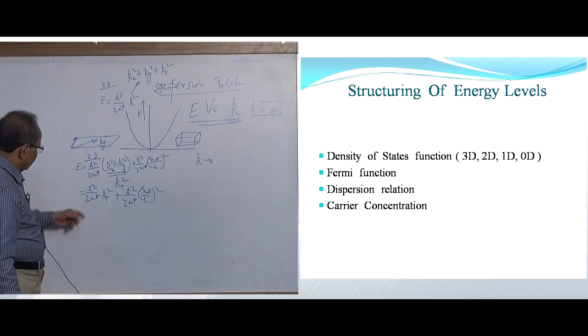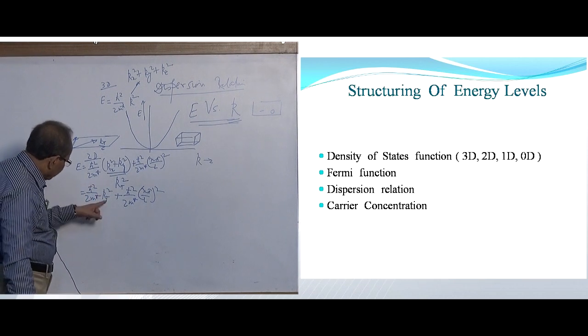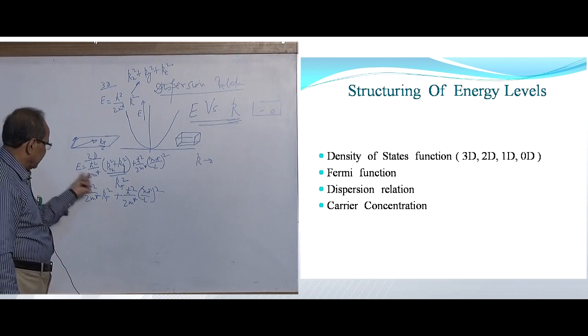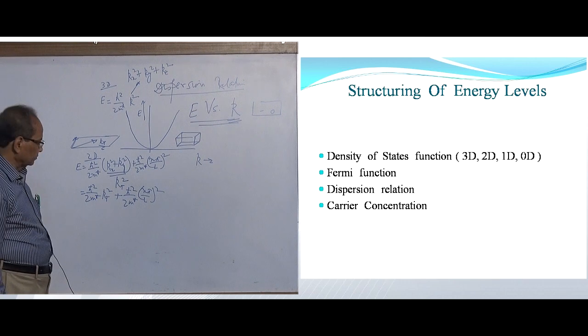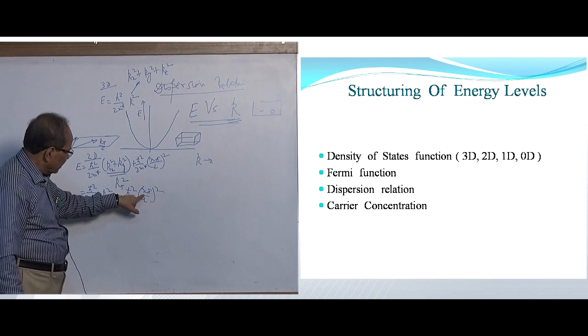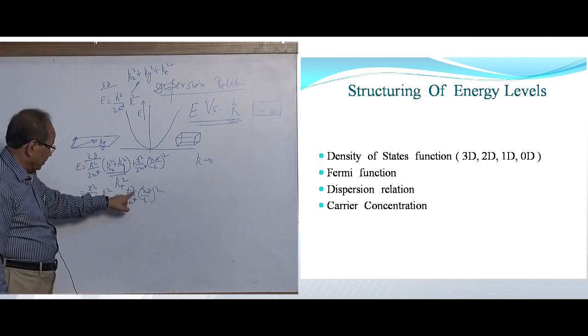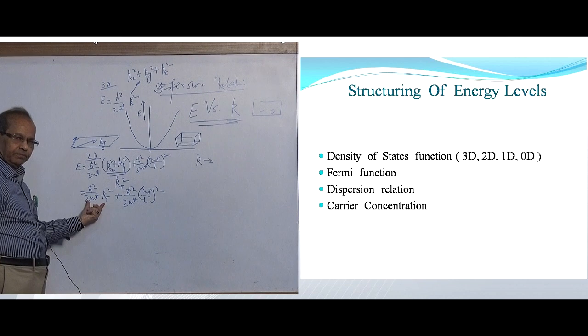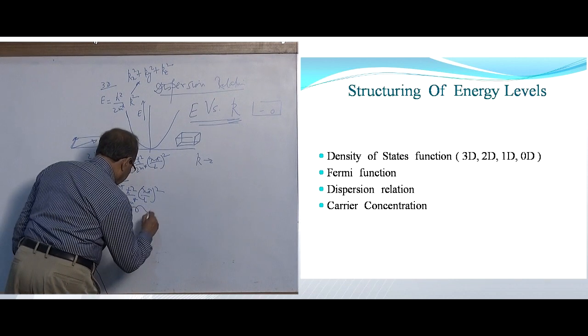Now notice that even if kt equals 0, there is energy, because it is never 0, since the minimum value of n is 1, not 0. So h cross square over 2m star times 1 pi by L whole square plus 0. So this energy is there.